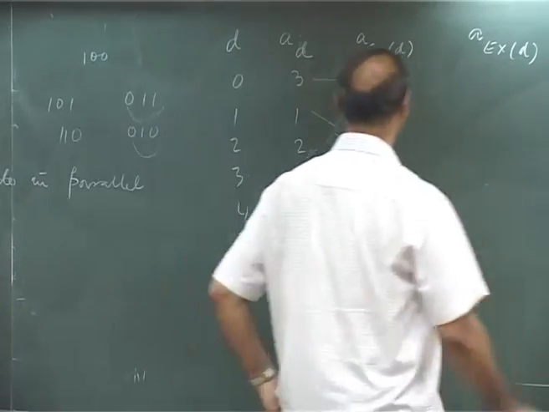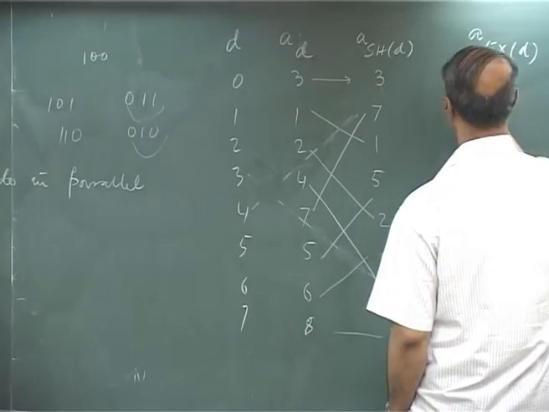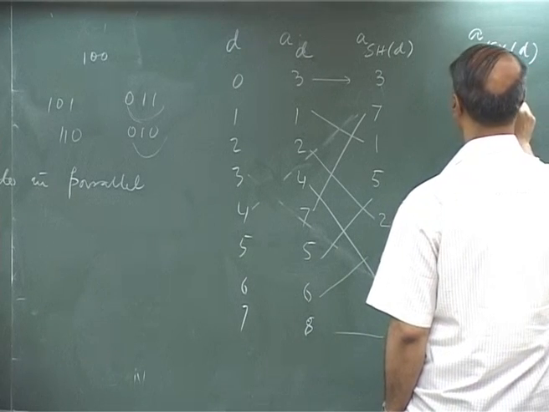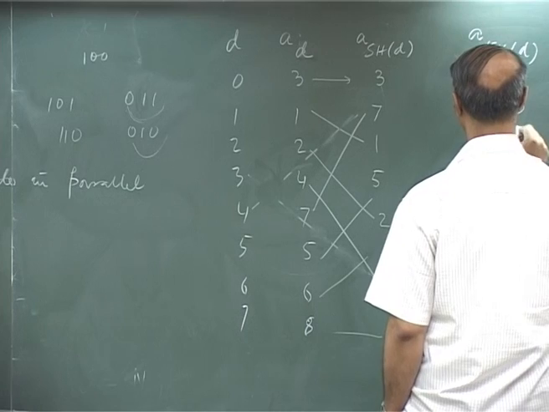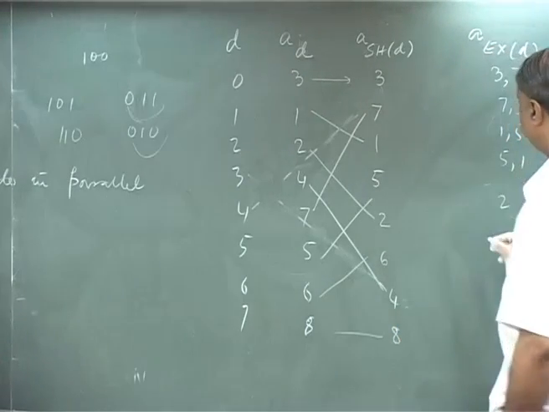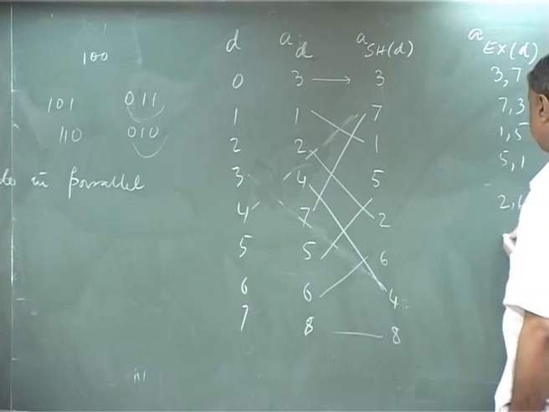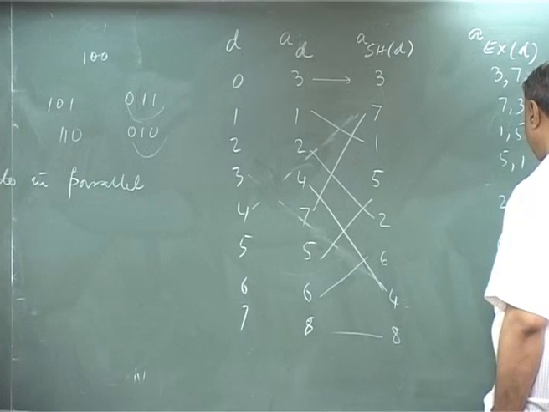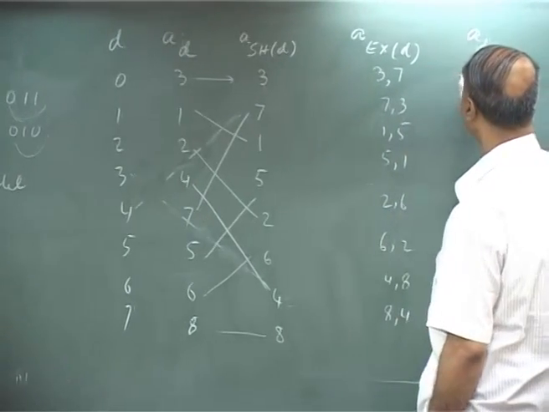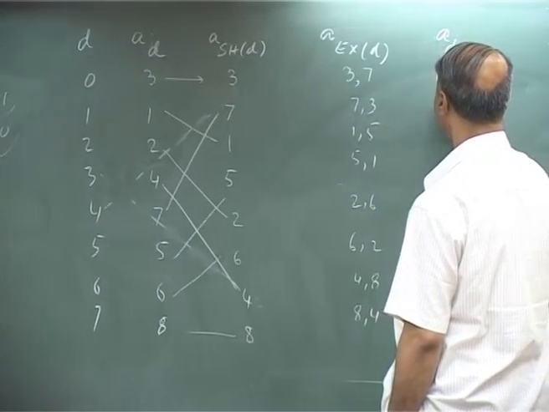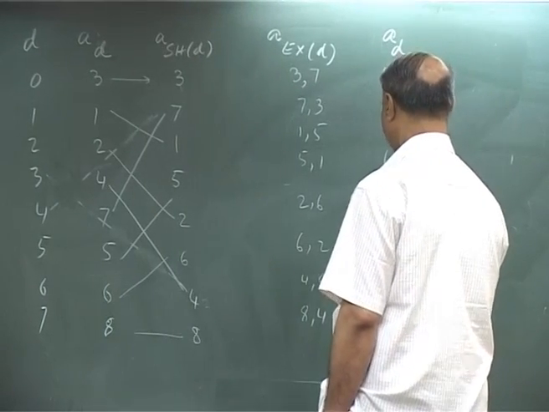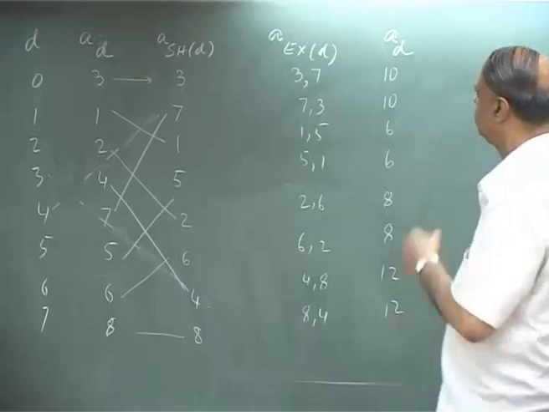Now the exchange is here, you get 3, 7 and 7, 3, 1, 5, 5, 1, 2, 6, 6, 2, 4, 8, 8, 4. So if I add, you get 10, 10, 6, 6, 8, 8, 12, 12.